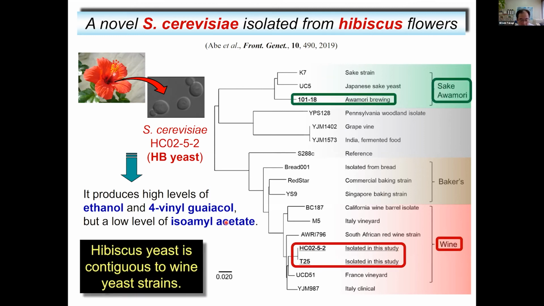Interestingly, by whole genome sequencing, we found that the hibiscus yeast is close to wine yeast and in a different clade from the classical awamori yeast in the phylogenetic tree, suggesting that the hibiscus yeast does not share ancestry with the sake or shochu awamori original yeast strains.